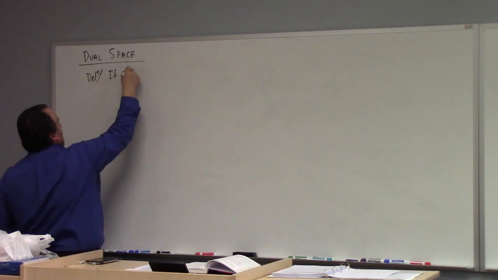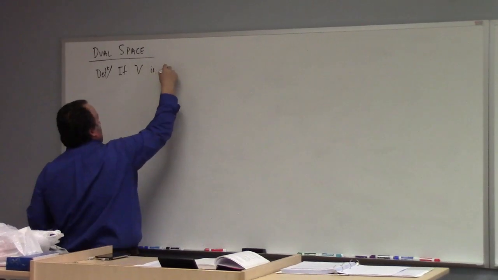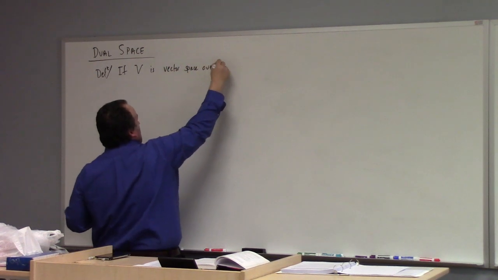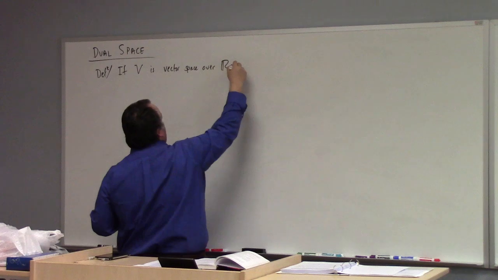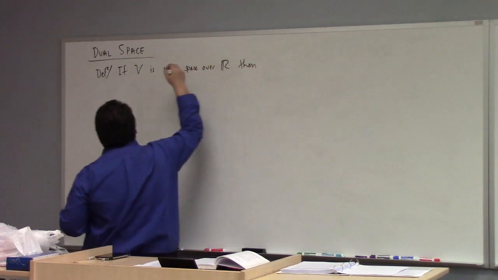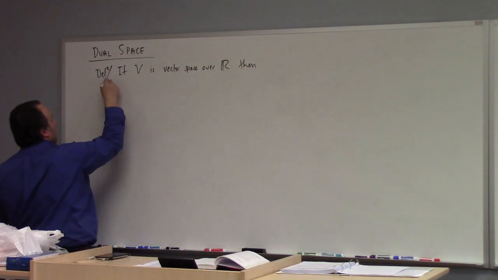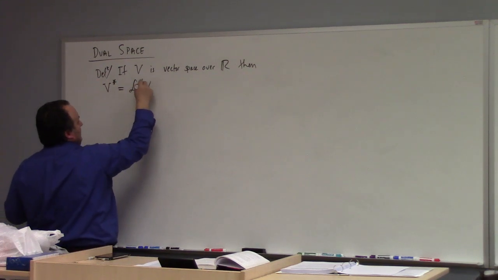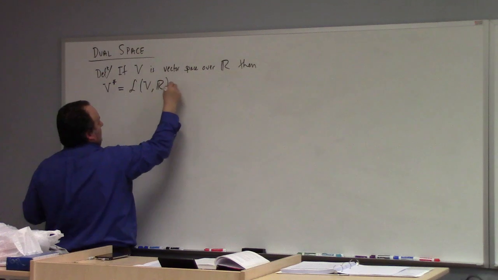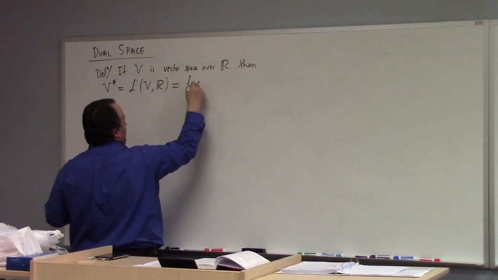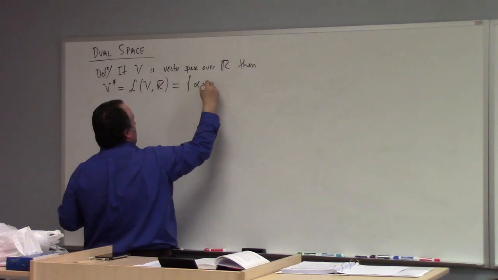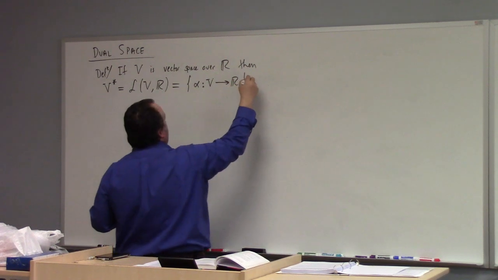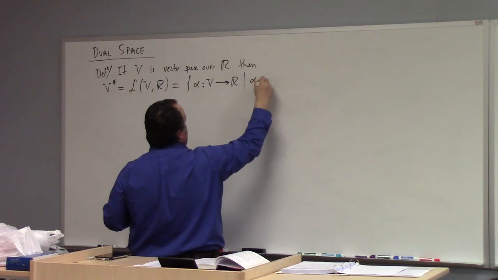If V is a vector space over R, then V dual, which is denoted like this, is equal to the linear maps from V to R. So what we're talking about is alpha, a mapping from V to R such that alpha is linear.